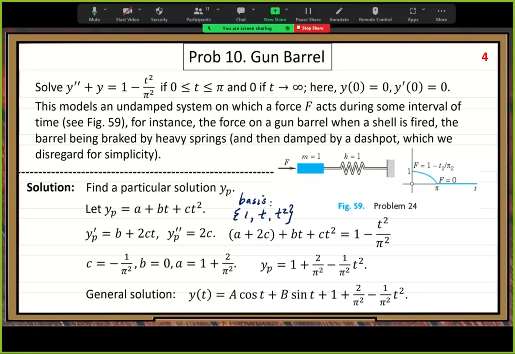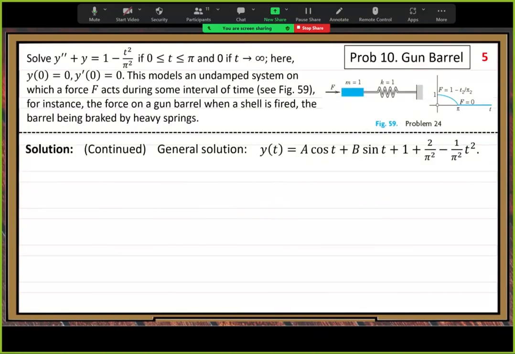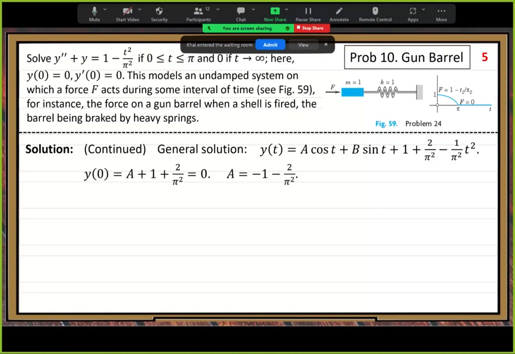Then we use two initial conditions to determine capital A, capital B. Here I just do the continuation. To determine A, we plug in the first initial condition, Y of 0 equals 0. So you get A equals this number.